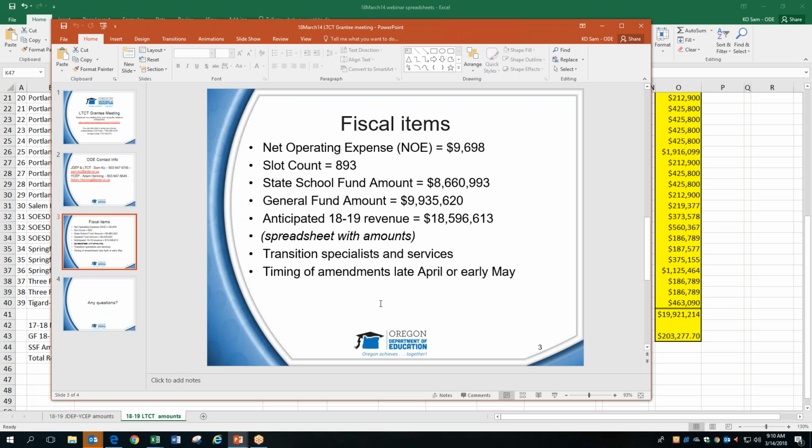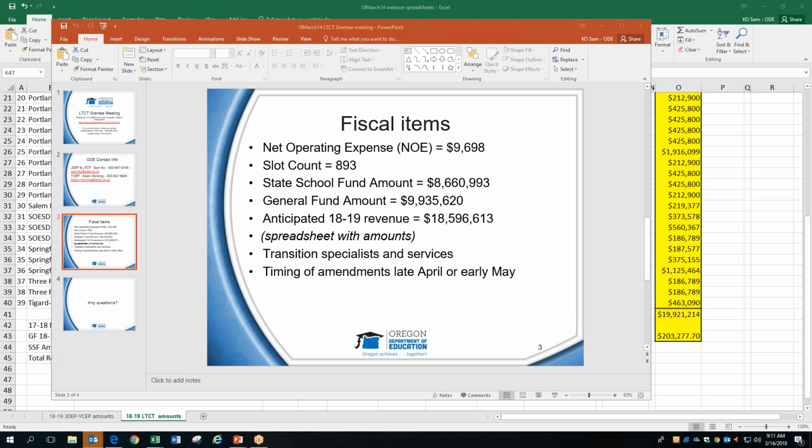So the amendments that will come out will include the second and third IDA amount. I think it might already be there. I think we included it already. Yes, I think your IDA second and third is already in your contract amount. Yes, it is. So the timing of the amendments will probably be late April or early May.